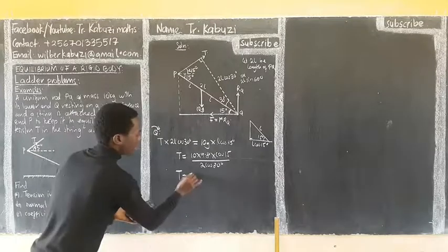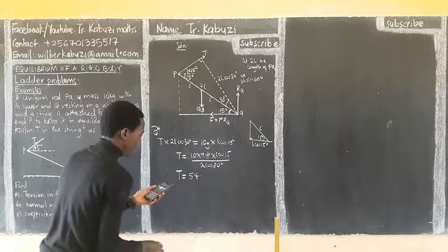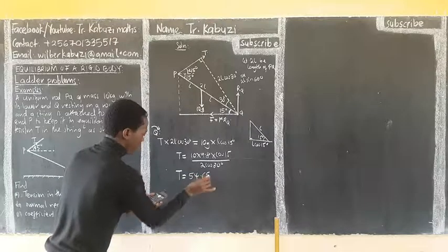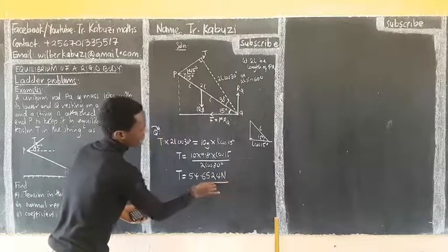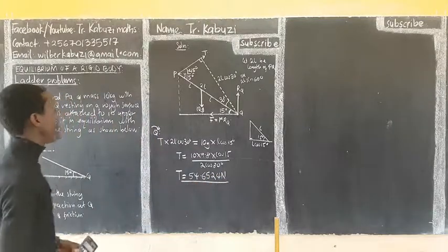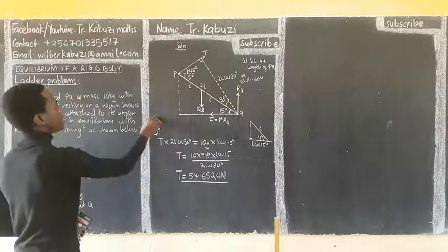So here the answer I'm getting is 54.6524 newtons. So this is part A.